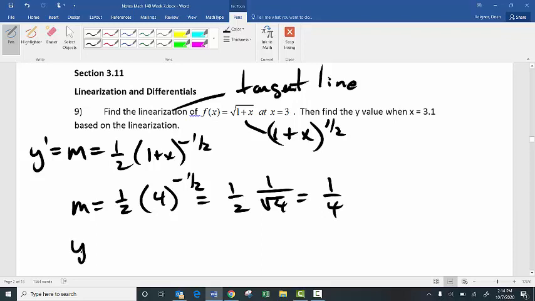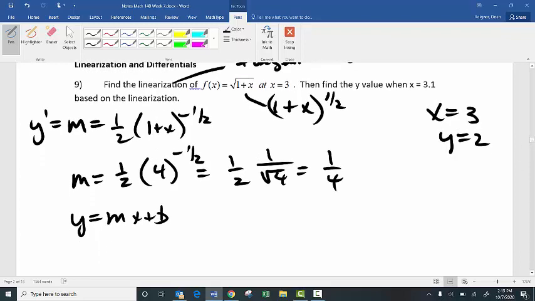So for our tangent line, we've got to find b. y equals mx plus b. So now you have to find the y value initially. When x is 3, you plug in 3, you get the square root of 4, which is 2. So our y value is 2. Here we go, we'll find our b, and then we'll find our tangent line.